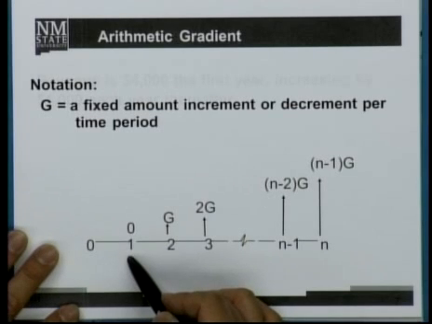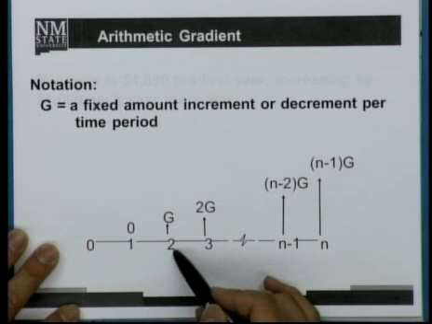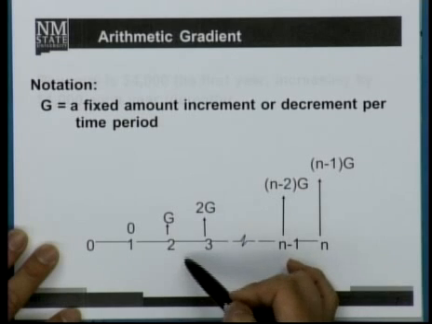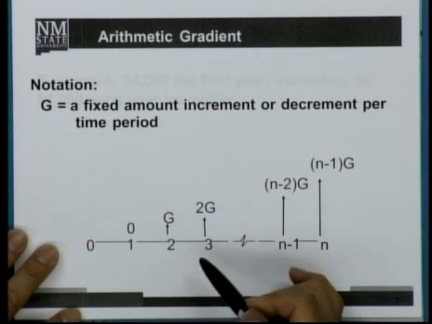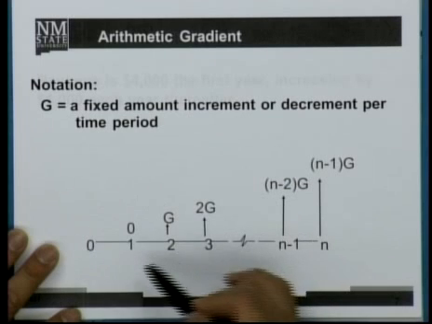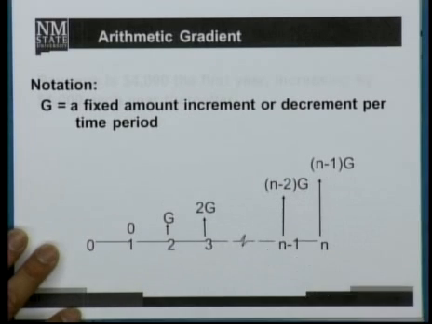And the first non-zero cash flow occurs at the end of period 2. Okay? And the arithmetic gradient of the third period has 2 non-zero cash flows, and the arithmetic gradient of the fourth period has 3 non-zero cash flows, and so on.